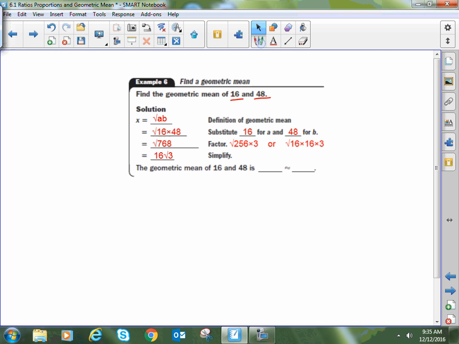If not, I have it here on the side showing how we break it down. Basically, when I simplify a square root radical, I want to find the largest perfect square factor. The largest perfect square factor of 768 is 256. And the square root of 256 gives me the 16 with remainder radical 3.